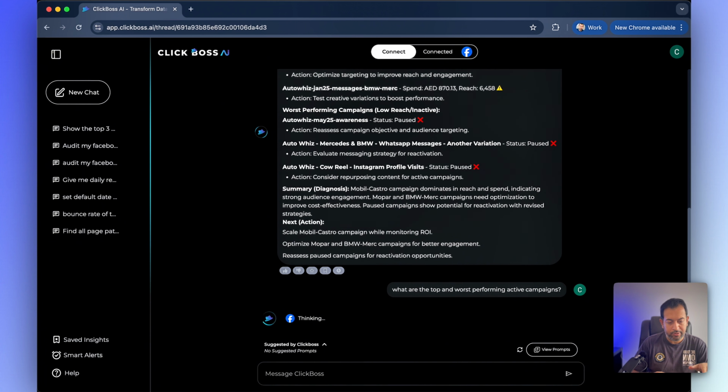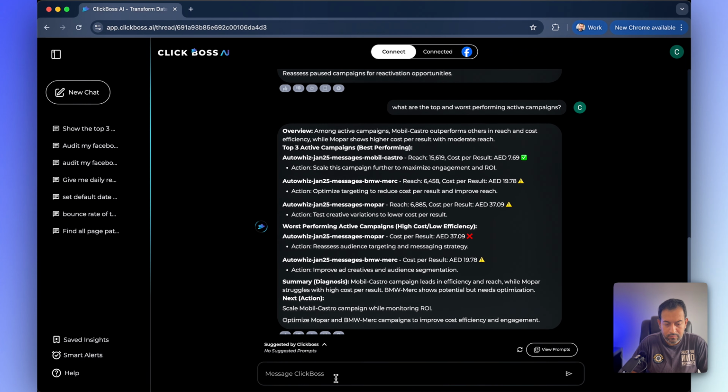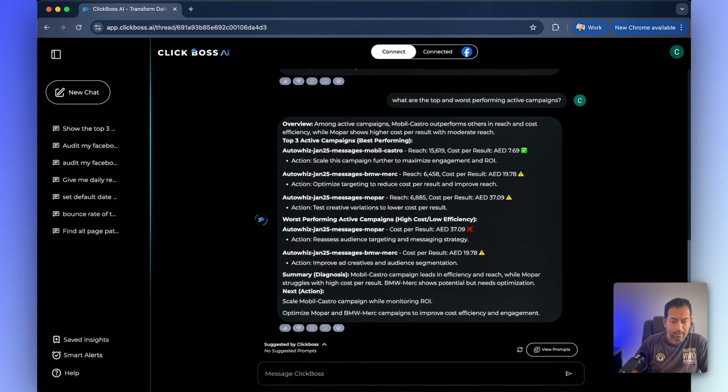Let's see. I'm just trying to include only active campaigns because I don't want to see the past campaigns. Okay, now this makes more sense.